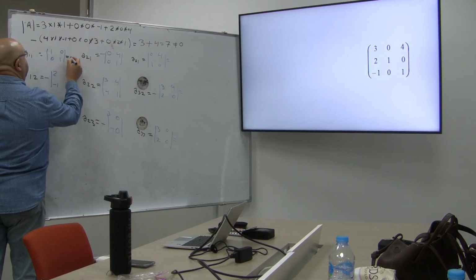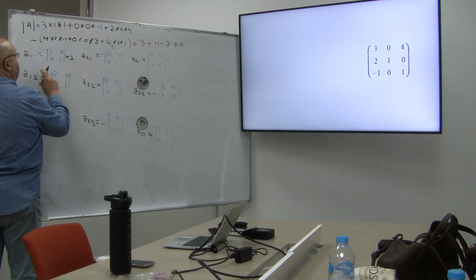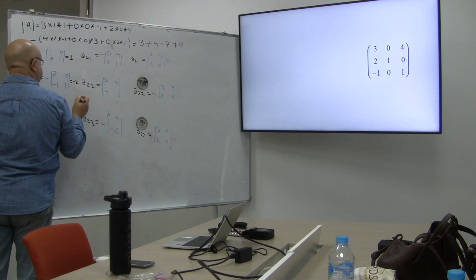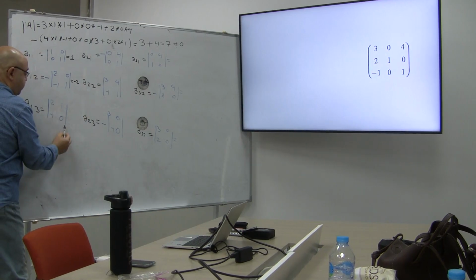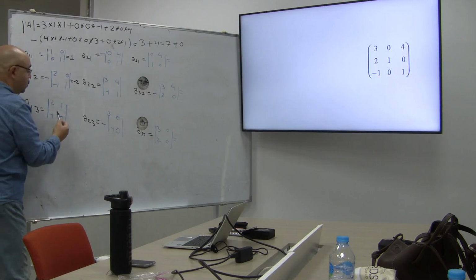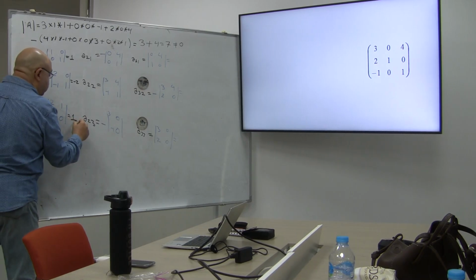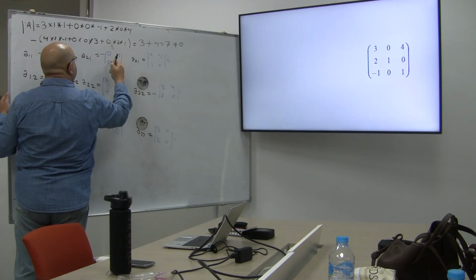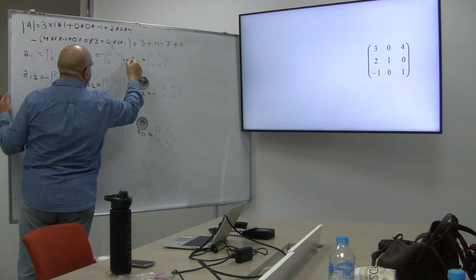The first number is 1. The second number is 2 times the negative, you say negative 2. The third number is going to be 0, then minus negative 1, which is going to come up to positive 1. For this guy, I will have 0 and 0. So it's going to be 0.